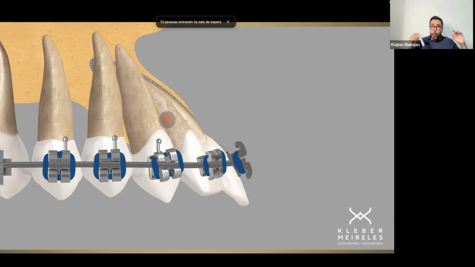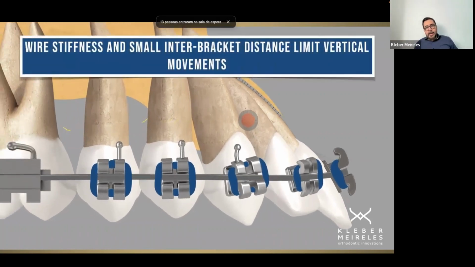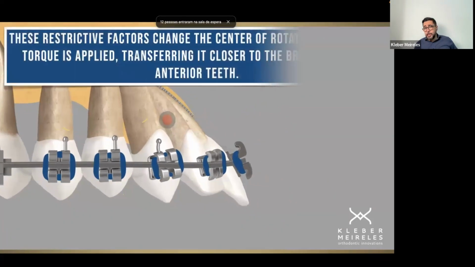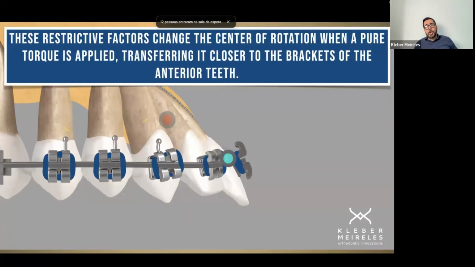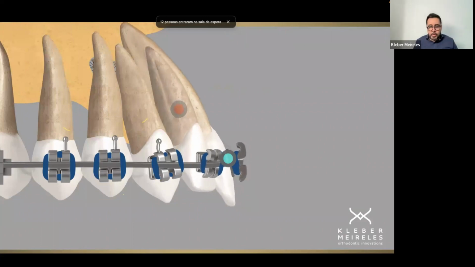Not that. It's worse than that, actually. What's going to happen? We're having something like this because of the stiffness of the arch wire. We're having the center of rotation of this movement located close to the center of the crown of anterior teeth, close to the brackets of anterior teeth. Okay, so this is what is really going to take place.